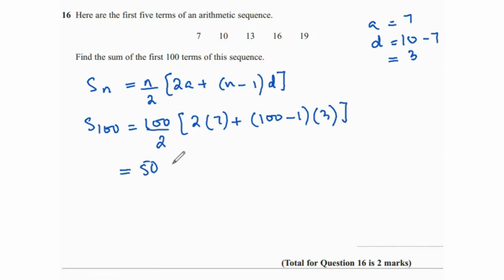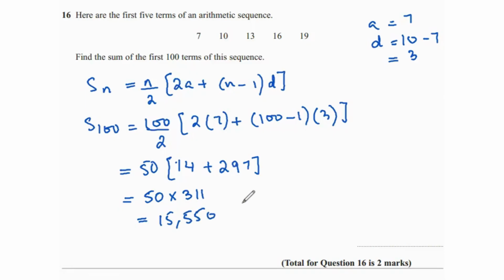That's going to be 50 times 14 plus 99 times 3, which is going to give us 297. So 297 plus 14 is 311. So 50 times 311 equals 15,550. That is the sum of the first 100 terms of this sequence.